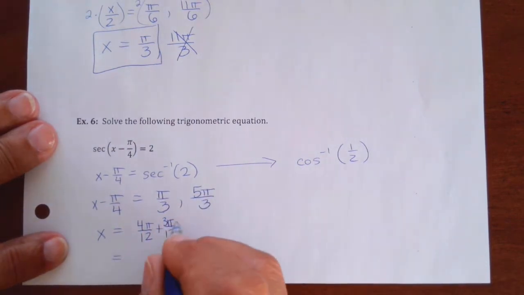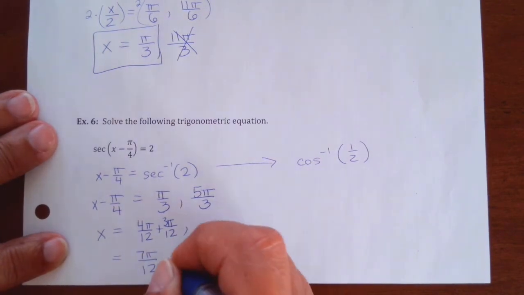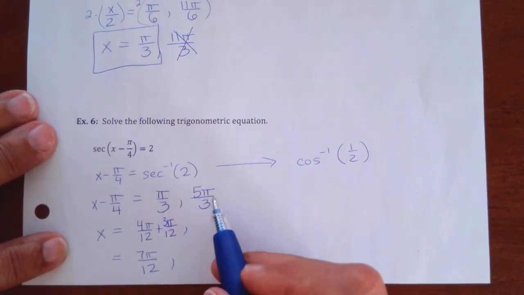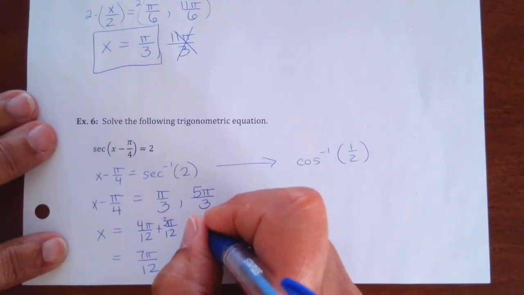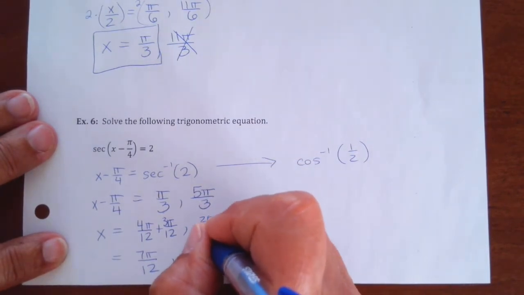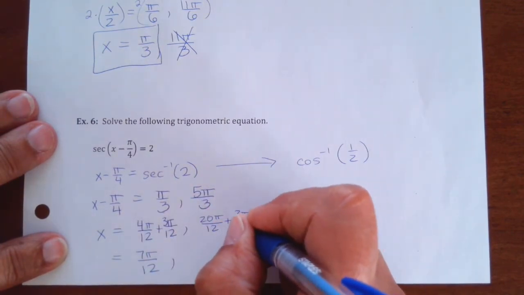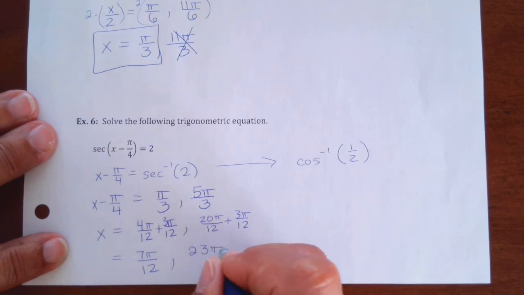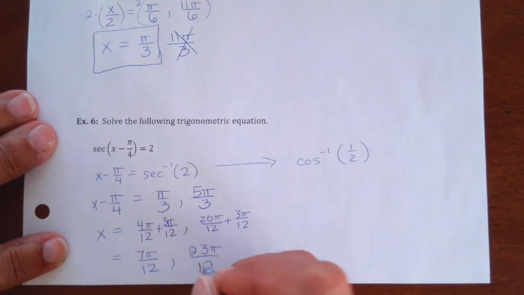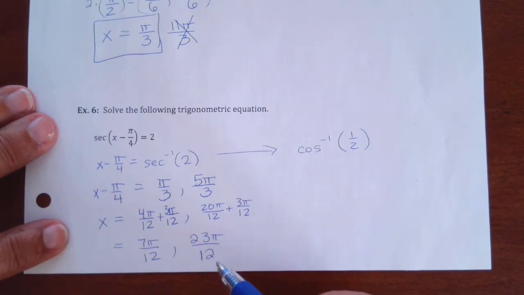So that gives me 7 pi over 12 for that one. Okay, and then over here, 5 pi over 3, multiply that by 4, we get 20 pi over 12. Add pi over 4, which is 3 pi over 12, and that gives me 23 pi over 12. Now, 23 pi over 12 is not bigger than 24 pi over 12. So these are all in the first rotation.